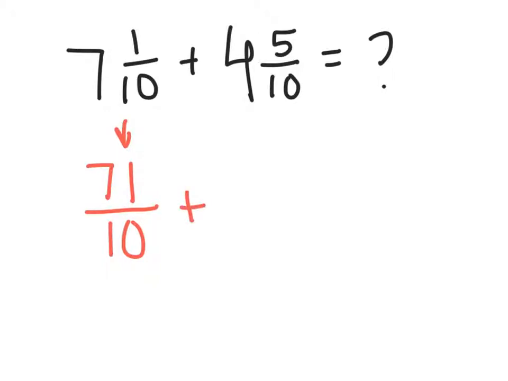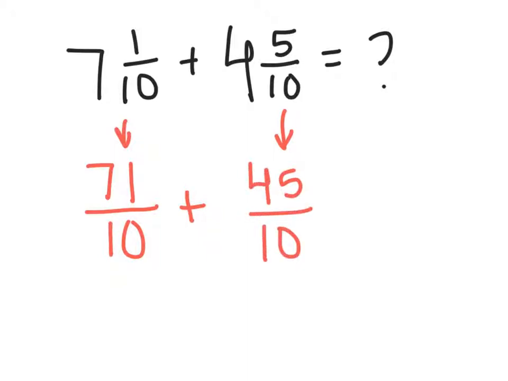Plus, we want to change our other mixed number into an improper fraction. So we do 4 whole groups of 10 is 40, plus the additional 5 left over is 45 tenths.